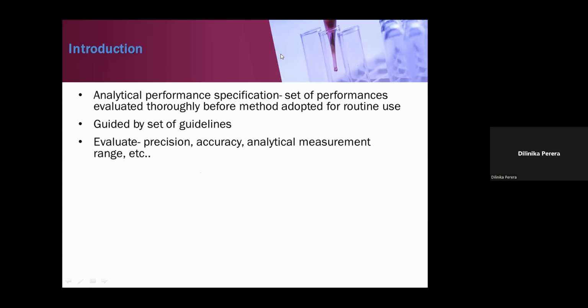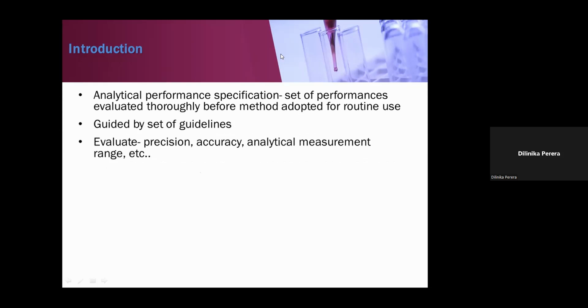So why do we need these analytical performance specifications? What are these performance specifications? Those are a set of performances evaluated thoroughly before a method is adopted for routine use. I think you had a good lecture with Dr. Tushari on method comparison.